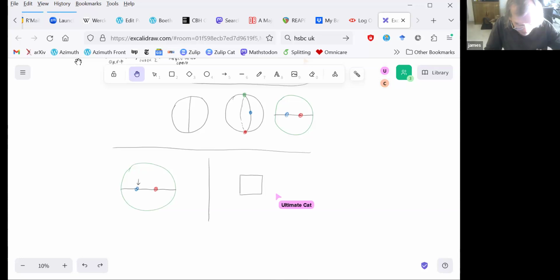So the ambient group that we want is probably the automorphism group of our ambient context, a real two-dimensional vector space. So the automorphism group of that would be GL2R.